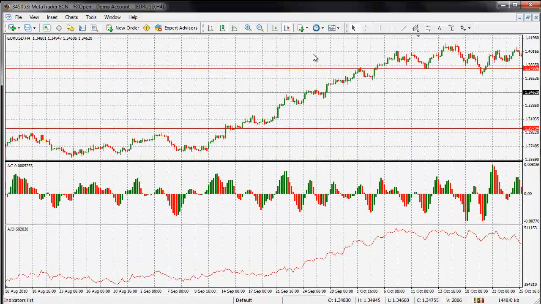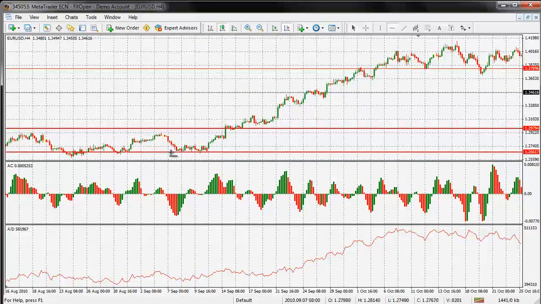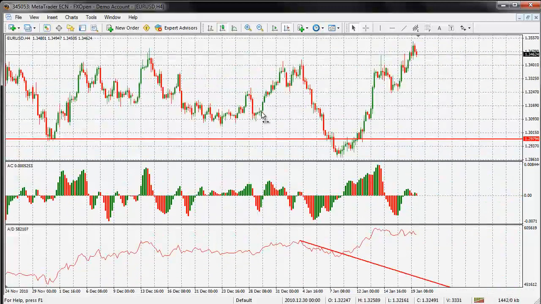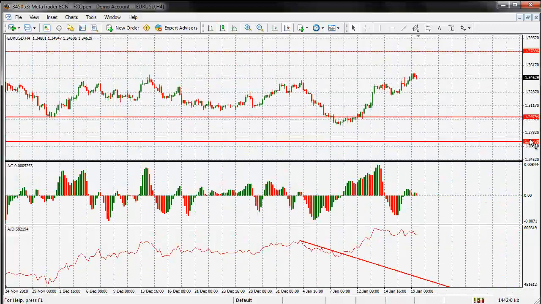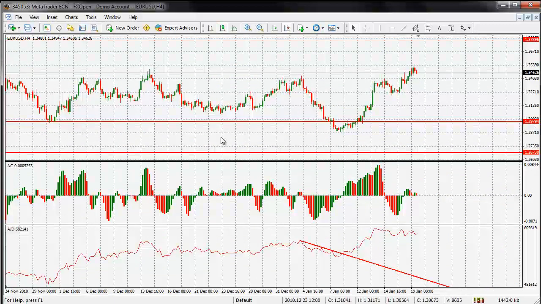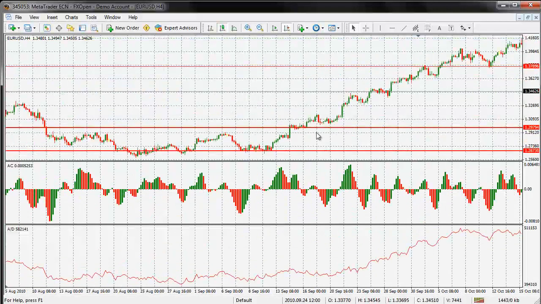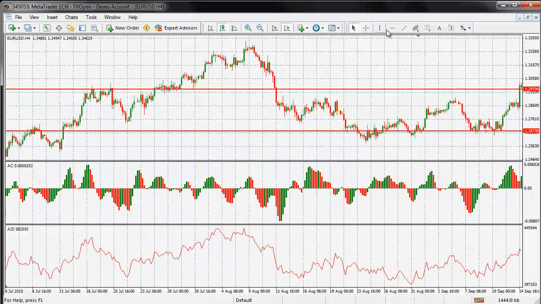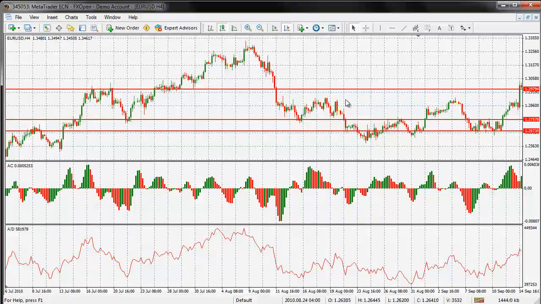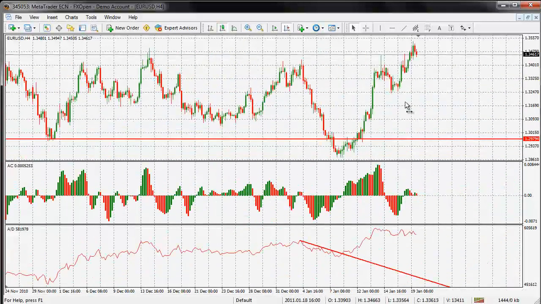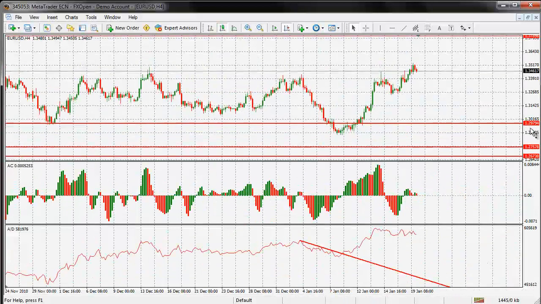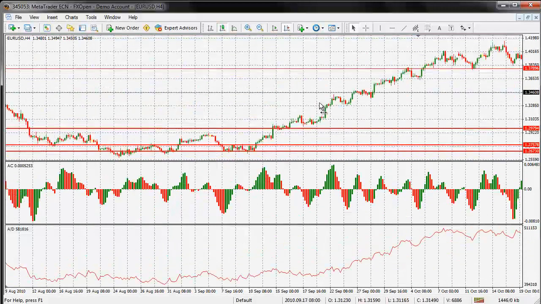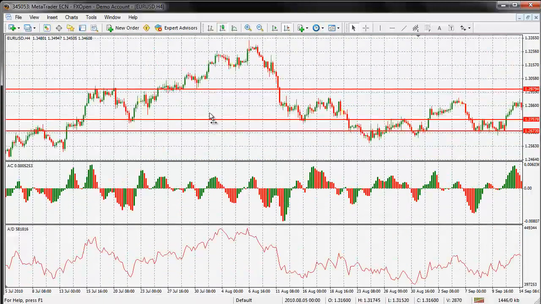Here is another bottom, another support level, and that one didn't actually hit. We've got some more around here as well, and that was pretty close. So we're doing okay for support and resistance levels.